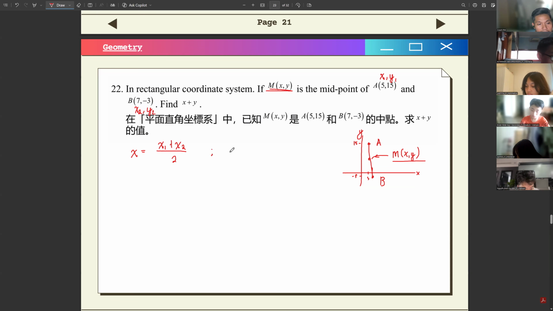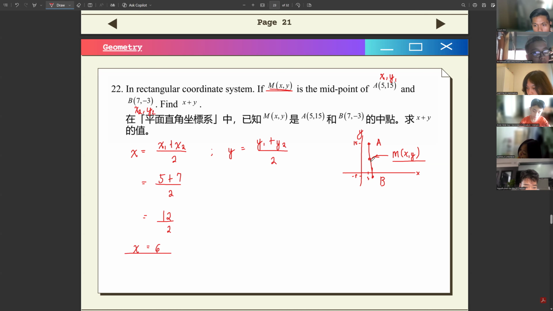And then our y is the same. It's the average of the 2 y coordinates. Take note, our x1 is 5. Our x2 is 7. So that's 12 over 2, meaning our x is just equal to 6.